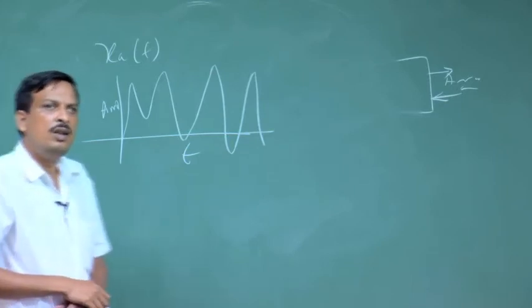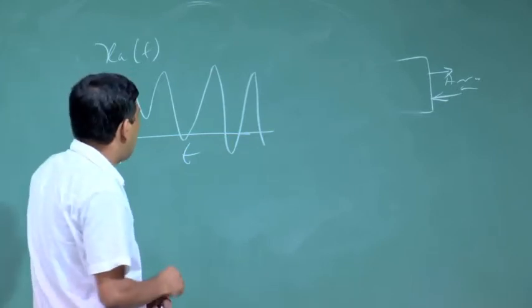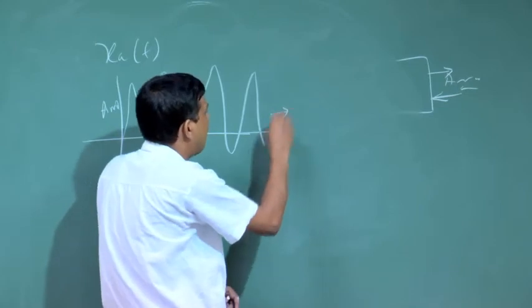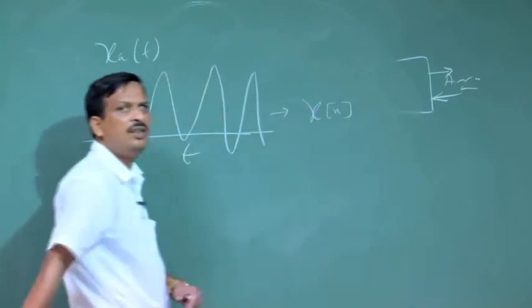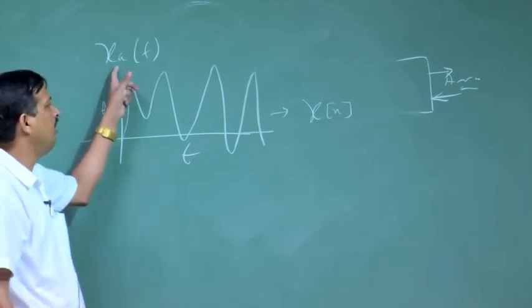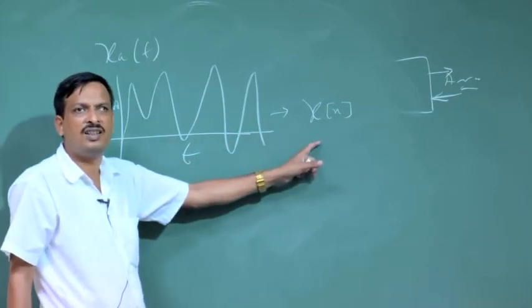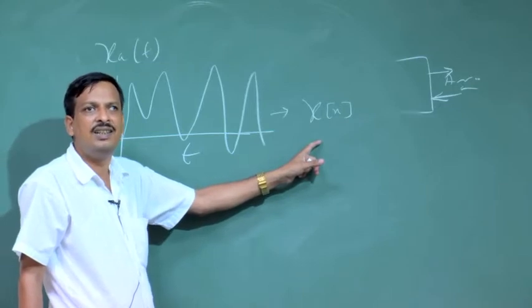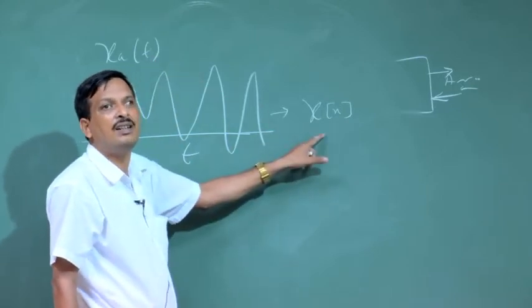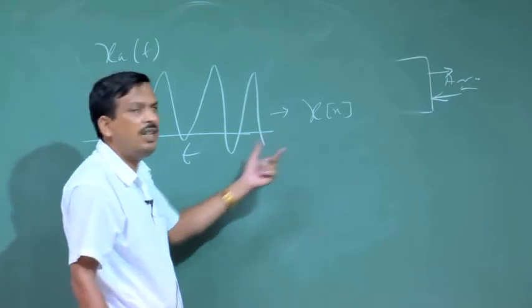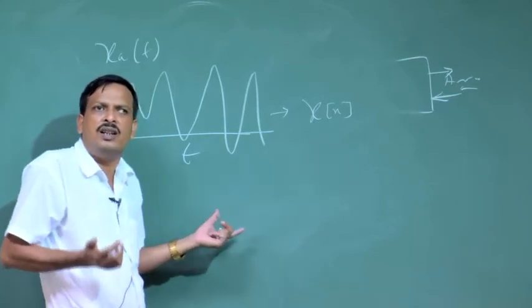Now I want to convert this signal to a digital signal, x(n). Instead of x(t), I convert to x(n), a number. A digital signal is nothing but integer numbers.